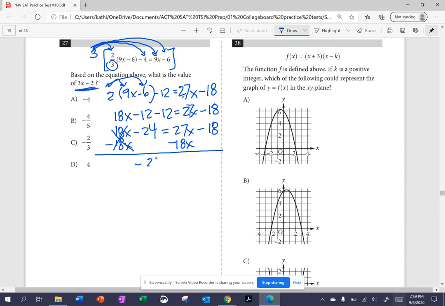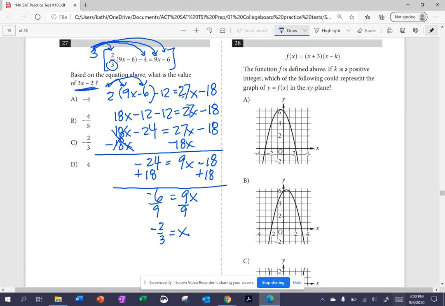So -24 equals 9x minus 18. I'm going to add 18, and I get -6 equals 9x. Divide by 9, and I get -2/3 equals x.